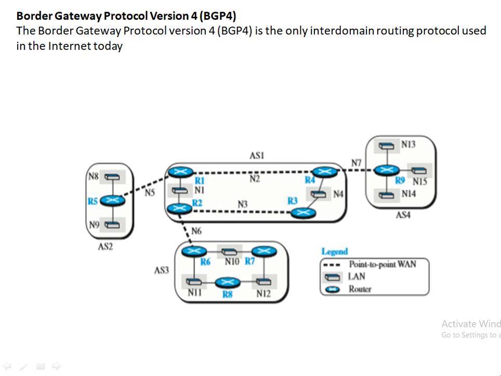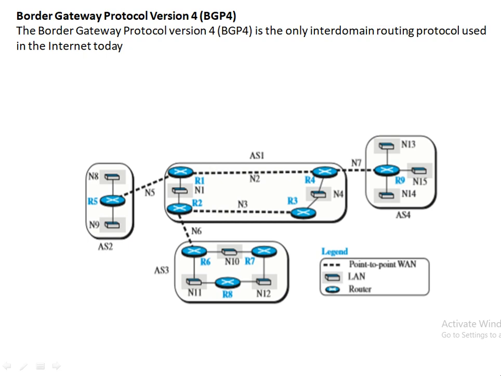Each router in each autonomous system knows how to reach a network that is in its own autonomous system, but it does not know how to reach another autonomous system. So to enable reaching another autonomous system, BGP4 comes into the picture.